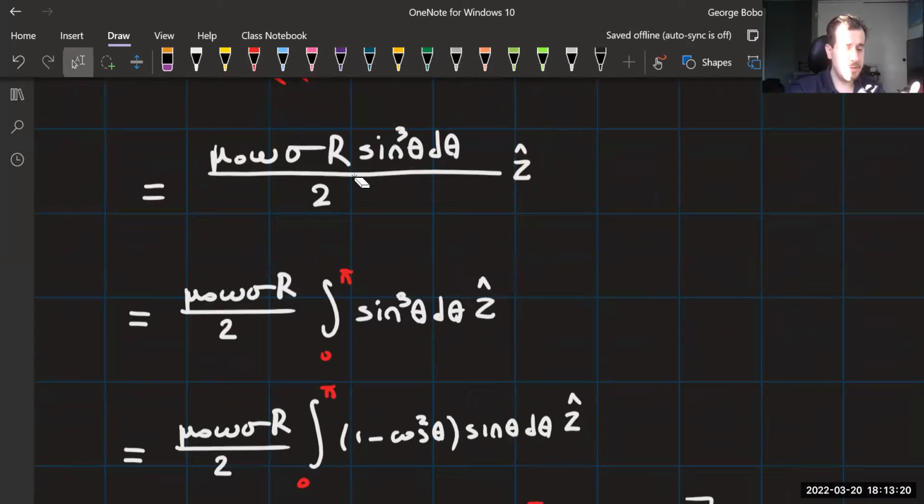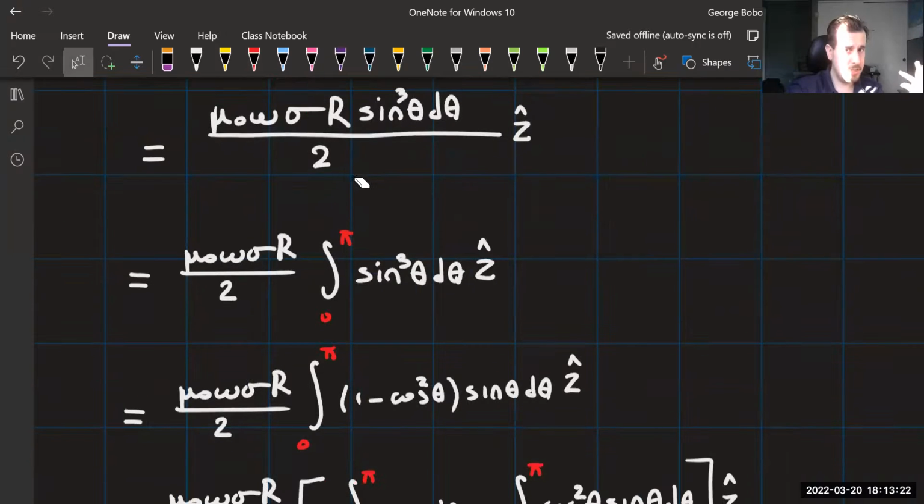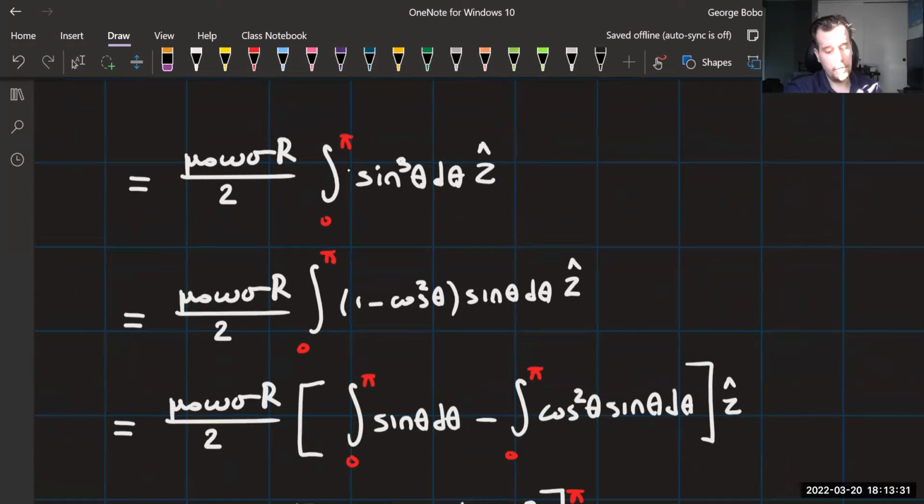I've taught some tricks on how to deal with these using the Pythagorean identity. Basically, when I see this, I'd like to break it into a sine times cos term. And that's what I do here. If I replace this one with 1 minus cos squared times sine theta, I can distribute this in here. The first one is going to be super easy. It's just the integral of sine theta.